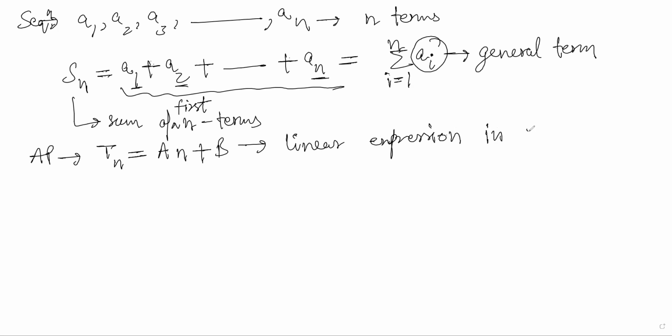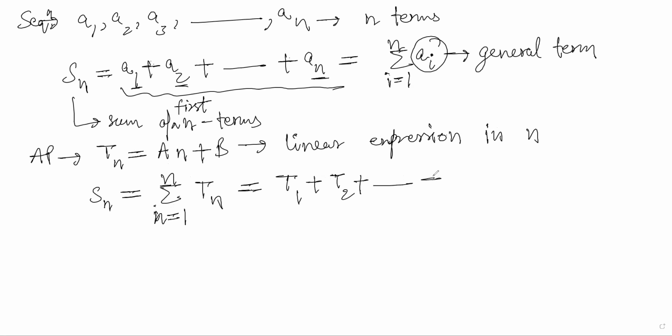So if you know the nth term of an AP, you also know the sum. How? You just need to apply sigma over this general term, where n goes from 1 to whatever value, let's say n. What does that mean? n is from 1 to n. It means that n starts from 1, so it would be t1 plus t2 plus t3, and it goes up to tn. So this is a very basic formula.